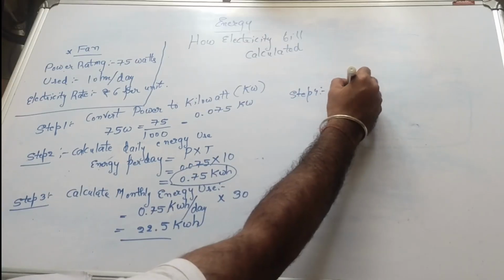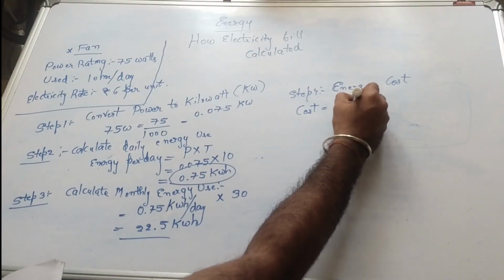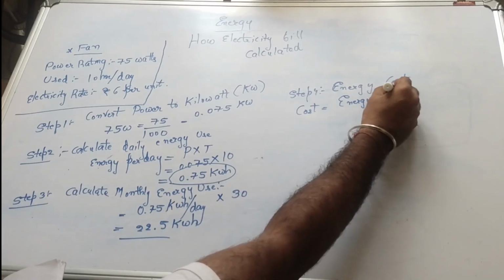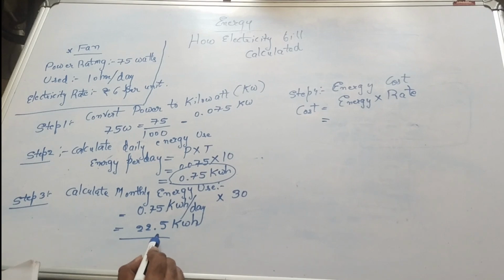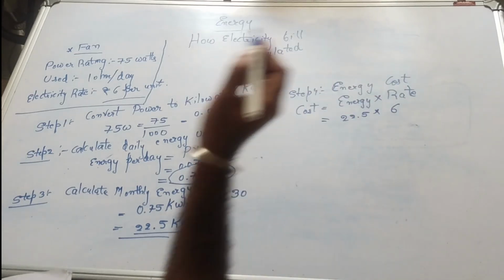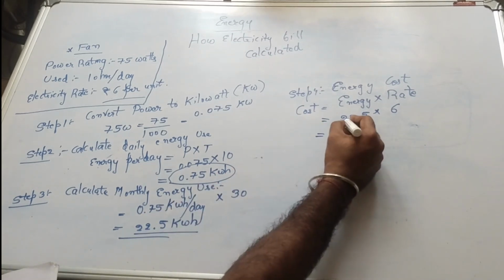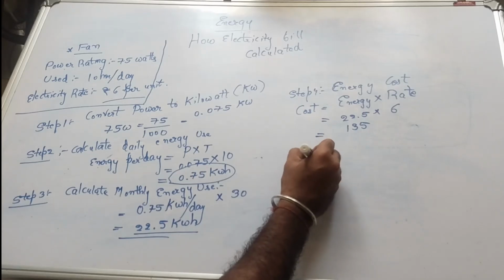Next, step 4: calculate energy cost. Cost is equal to energy into rate. The monthly energy is 22.5, and the electricity rate is rupees 6 per unit. It will become 135.